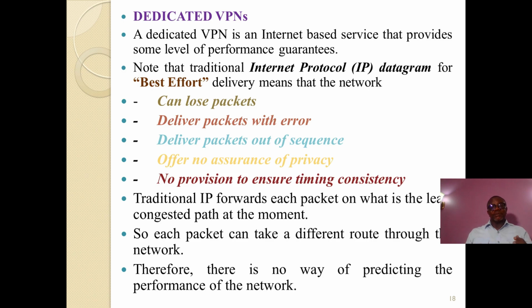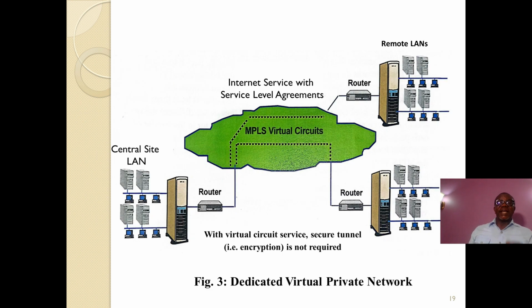So, therefore, there is no way of predicting the performance of that network. But the dedicated VPN tries to provide that service that is dedicated. So if we look at this diagram, before we now describe, we see the dedicated VPN.